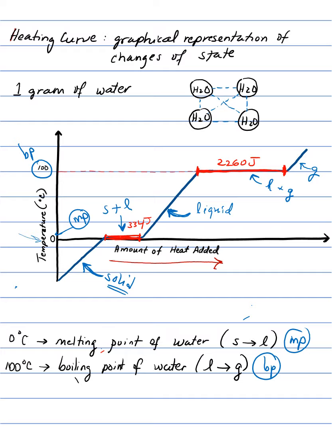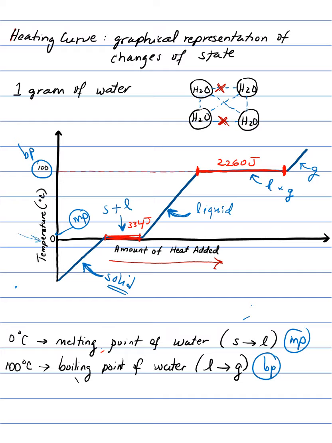But when you have 1 gram of water in a solid state and it's being converted to a liquid state, which is the part in your graph with those 334 joules of energy, that amount of energy is being used to break apart some of these interactions, or some of those attractions between your water molecules.